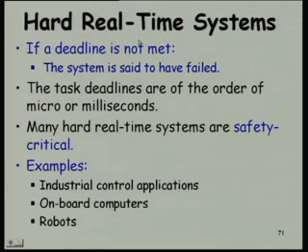All these hard real time systems, the examples we had seen, several of them, starting from robots to a chemical plant to onboard computer, all these, the deadlines are of the order of a few micro or maybe few milliseconds, not more than that. And many of these hard real time systems are safety critical.